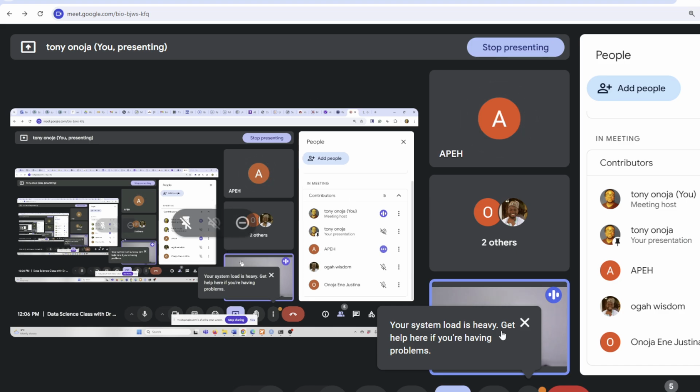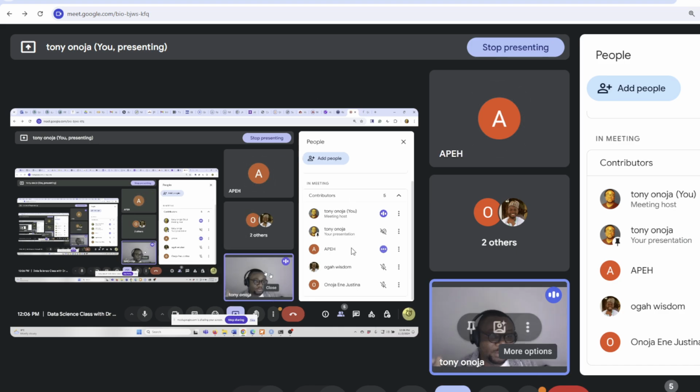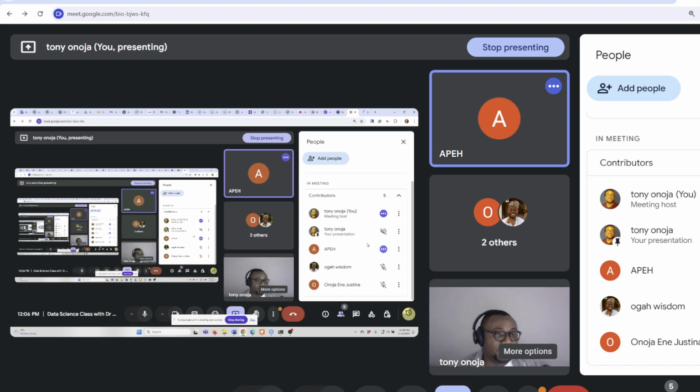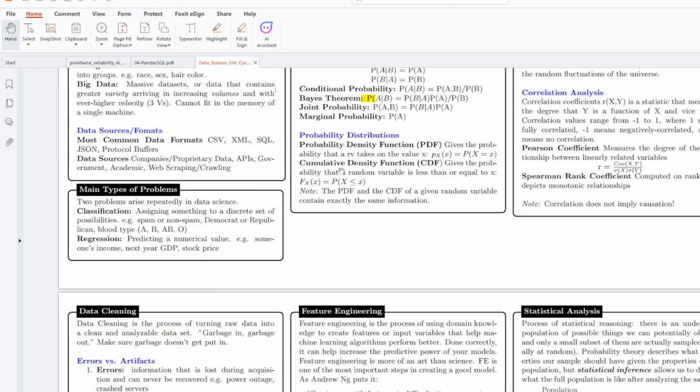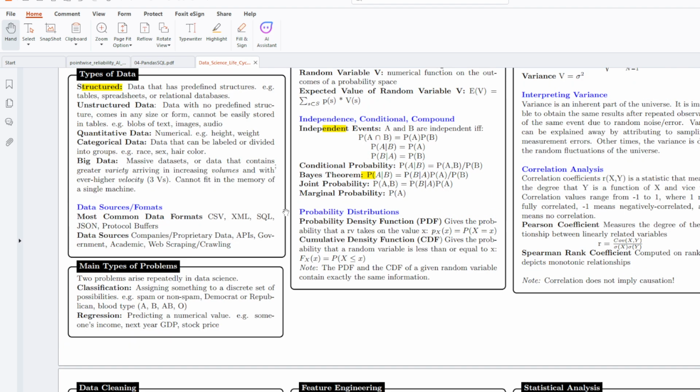But notwithstanding, if it goes up, I'll put out a new link and then we could connect again. Let's see how that goes. It shouldn't be an issue.